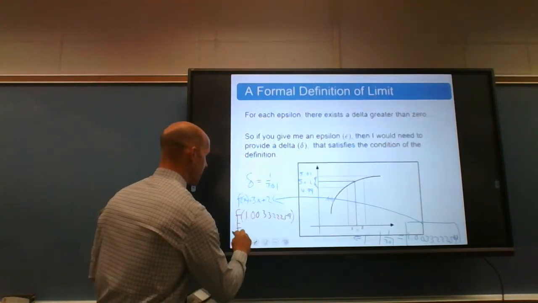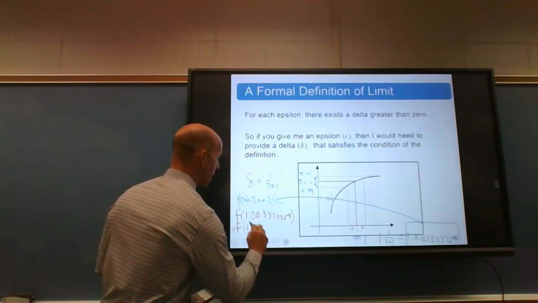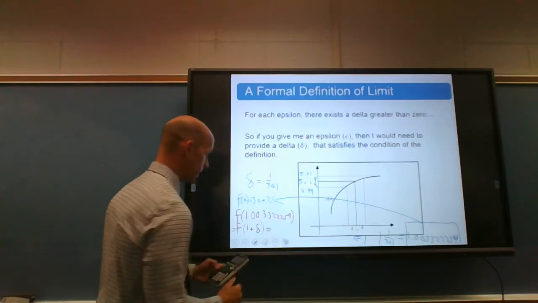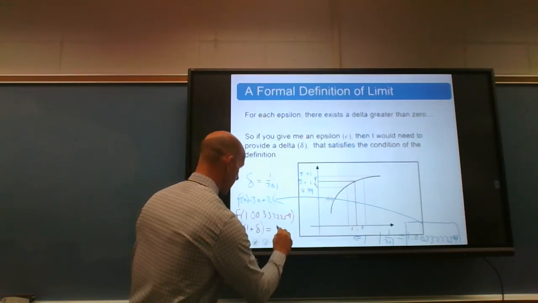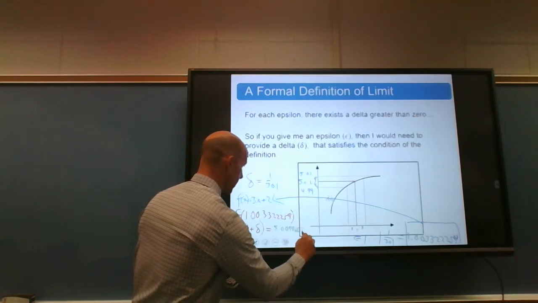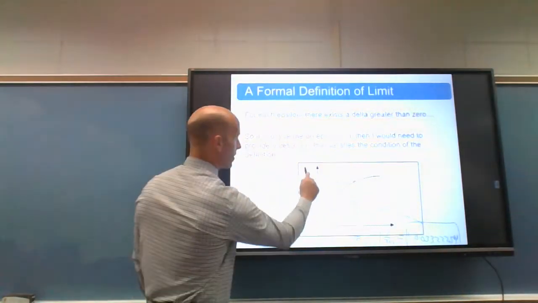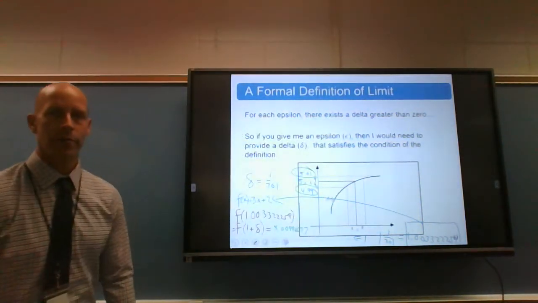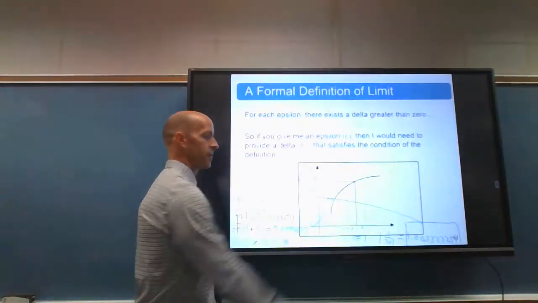Or we could say it is f of 1 plus delta. Well, let's see what the calculator tells us. It tells us that the answer here is 5.00996677. By the way, does that number fall between those two numbers? Of course, the answer is yes. It does.